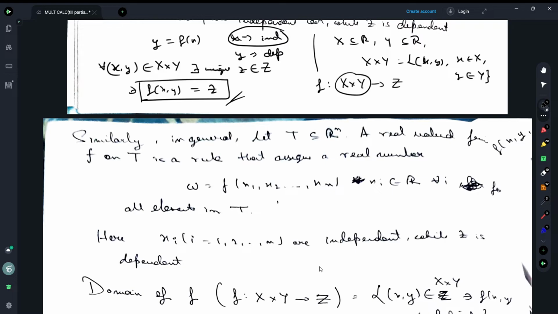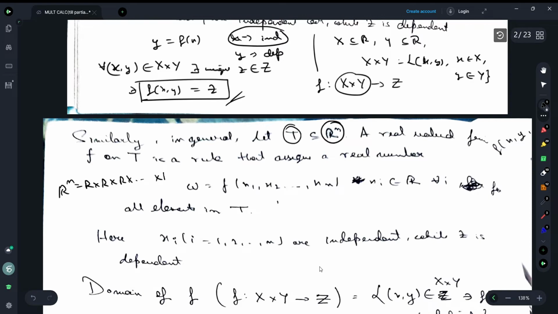An n variable function means you have n independent variables. Suppose you take a subset of the nth space of R, R to the power n. This symbol means the cross product of R, n times. The elements of R^n are of the form (a1, a2, a3, and so on till an), where each ai belongs to R for all i belonging to the set 1 to n.